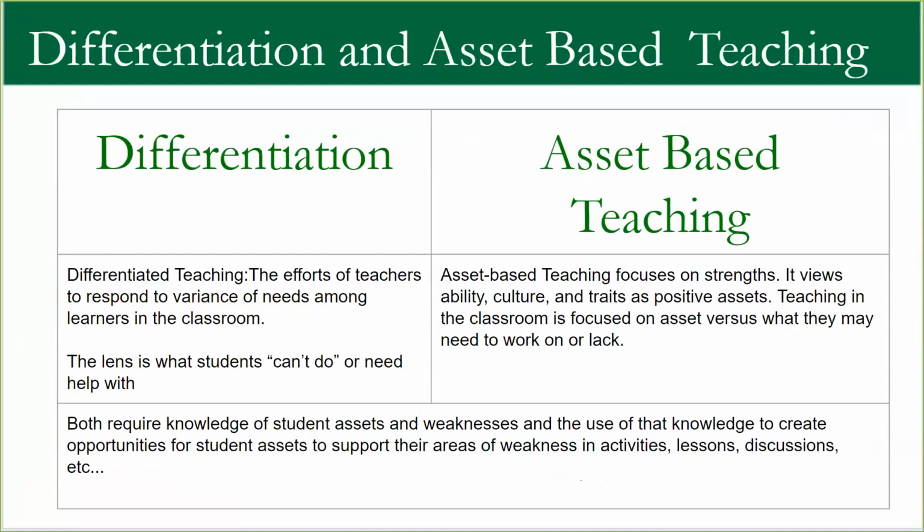I wanted to make sure that there was a clear line between differentiation and asset-based teaching. I kind of touched on this earlier. Differentiation is when a teacher attempts to respond to the variance of needs, based on data, of the learners in the classroom, but that lens is usually what a student can't do or what they need help with. With asset-based teaching, it focuses on strengths.